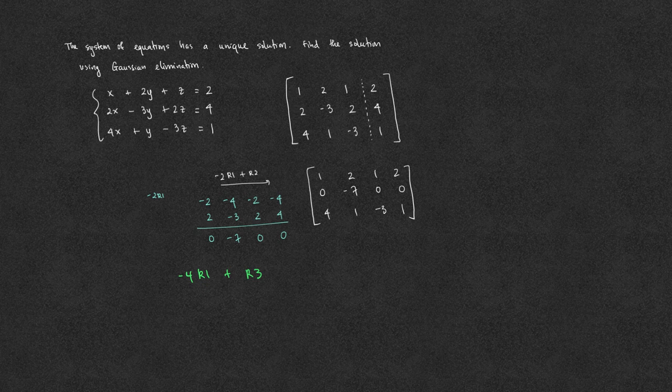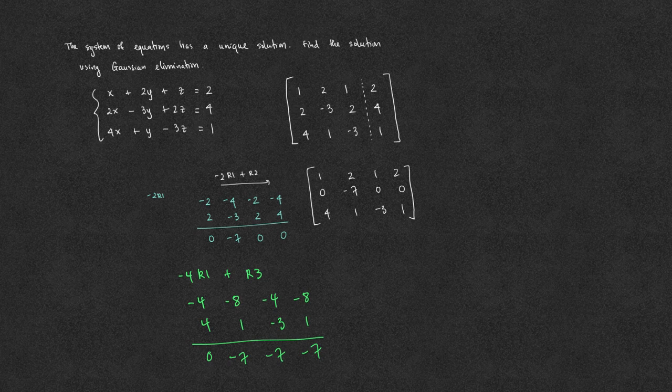If we multiply row 1 by negative 4, we will get negative 4, negative 4 times 2 is negative 8, negative 4 times 1 is negative 4, and negative 4 times 2 is negative 8. We then add to row 3, which is 4, 1, negative 3, 1. This will give us 0, negative 7, negative 7, and negative 7.